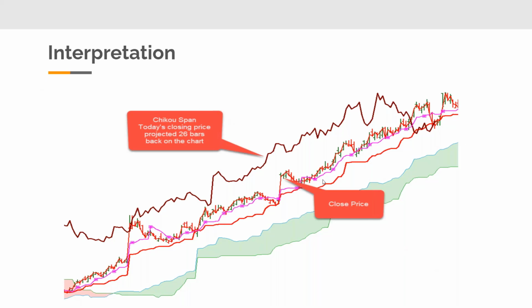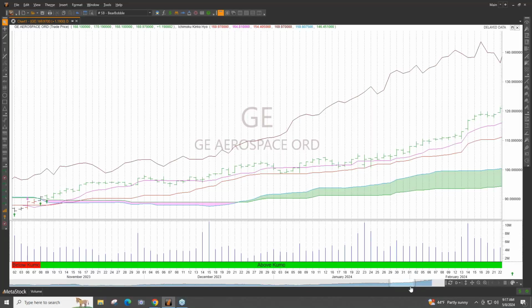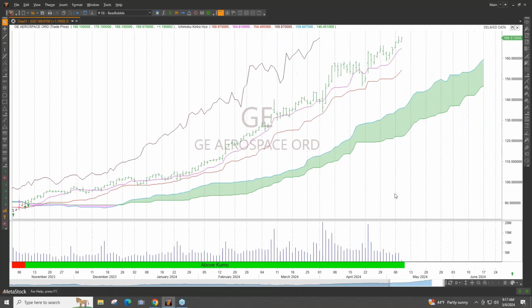The way we use the Chikou span is we look at its relationship to the Kumo, or the cloud, and its relationship to price. Let's scroll out here. Right here, this is the Chikou span, okay? If it is above the cloud and it's also above price, those are both bullish indications. That adds to the credibility that we're in a very, very stable uptrend, in this case with GE.